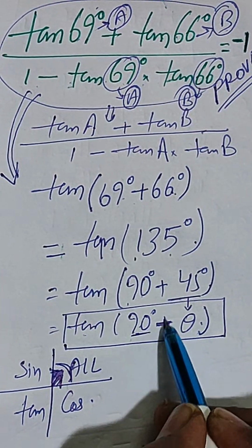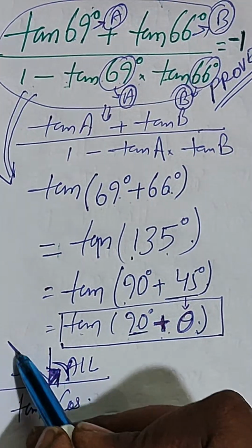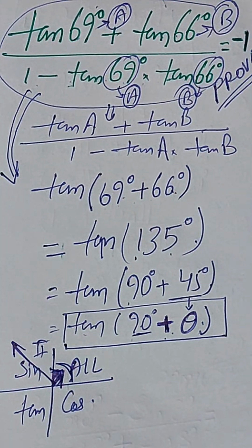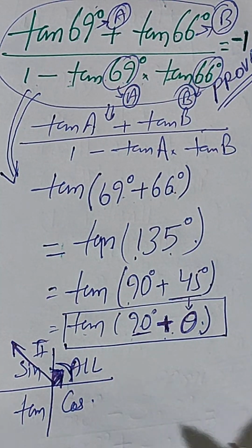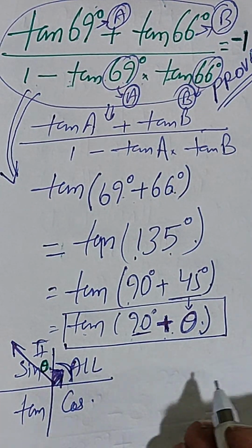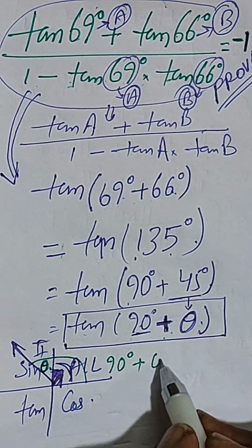90 plus means something is added to 90 degree. So this angle will go somewhere over here into the second quadrant, and this will be equal to theta, right? Then the entire angle will be 90 degree plus theta.